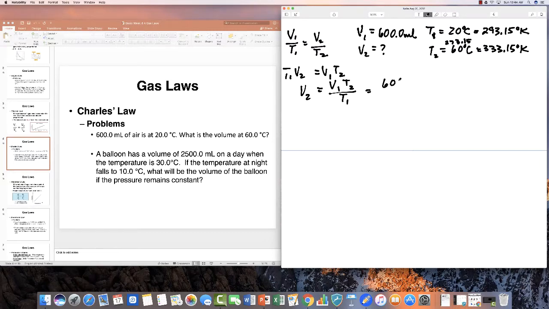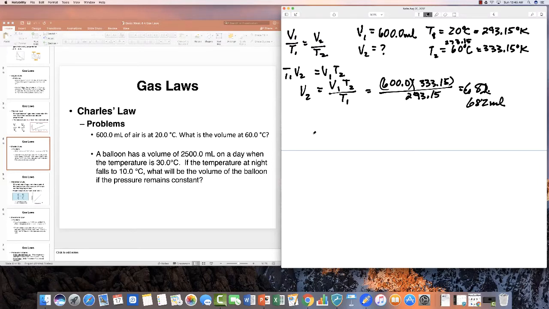So we get 600 times 333.15 divided by 293.15. The answer, to three significant figures, is 682 milliliters. Three significant figures, because the temperature is in three significant figures.